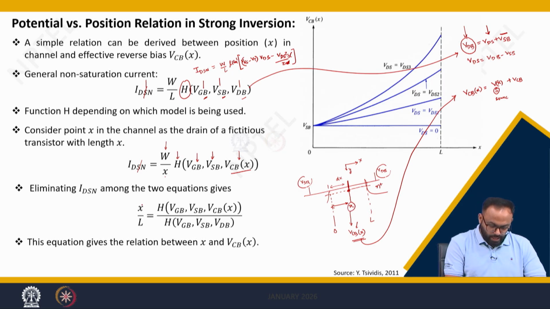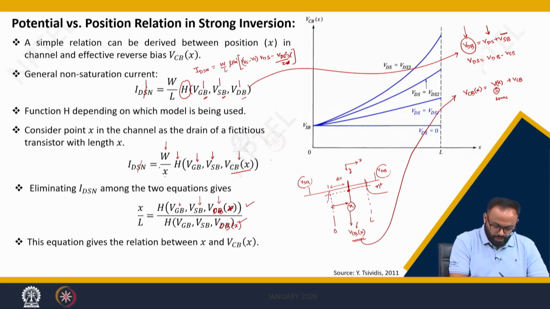So I can get x divided by L equal to that function, which is a function of VGB, VSB and VCB, and L is equal to this, where it will be VDB and this function will be VCB, because this is inversely proportional.